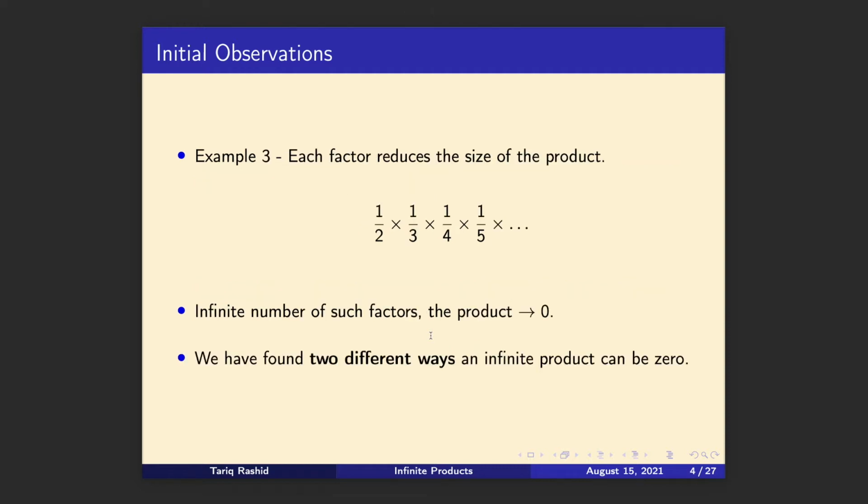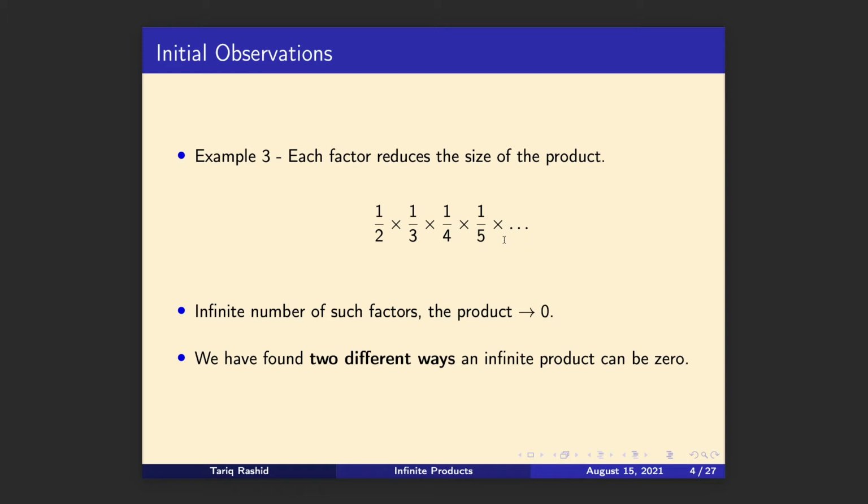So another more interesting example is this one. The others were a bit too uncontroversial. This one is more interesting and it's worth thinking about. So half is a fraction, times a third, a smaller fraction, another fraction, another fraction. What do you think happens to this product as the number of these terms keeps growing?